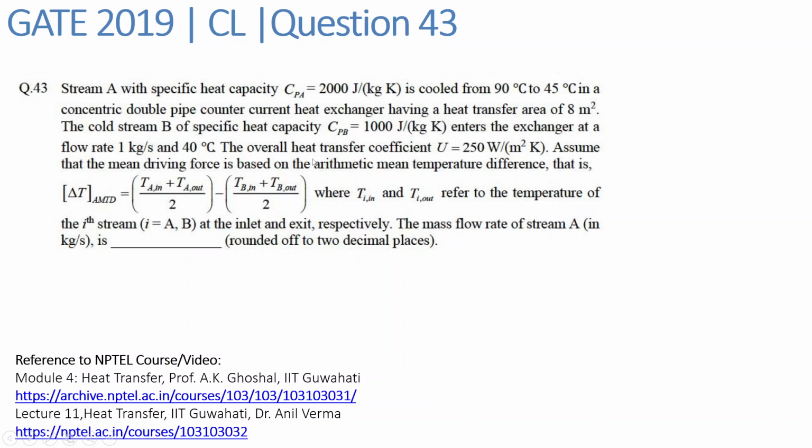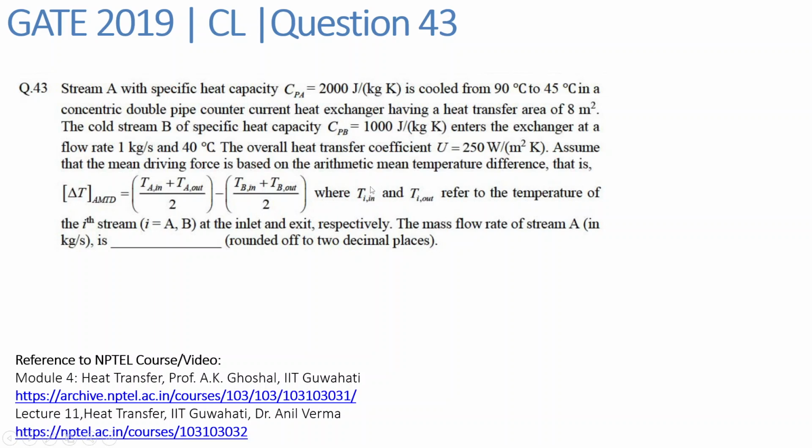The overall heat transfer coefficient U is equal to 250 watt per meter square Kelvin. Assume that the mean driving force is based on the arithmetic mean temperature difference, that is delta T AMTD, is given by this formula, where Ti in and Ti out refer to the temperature of the ith stream at inlet and exit respectively. The mass flow rate of the stream A in kg per second is.